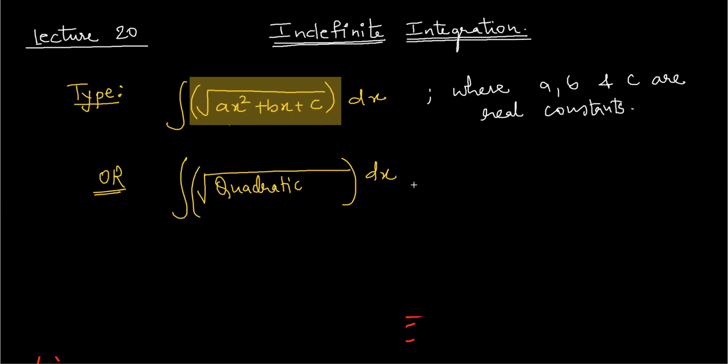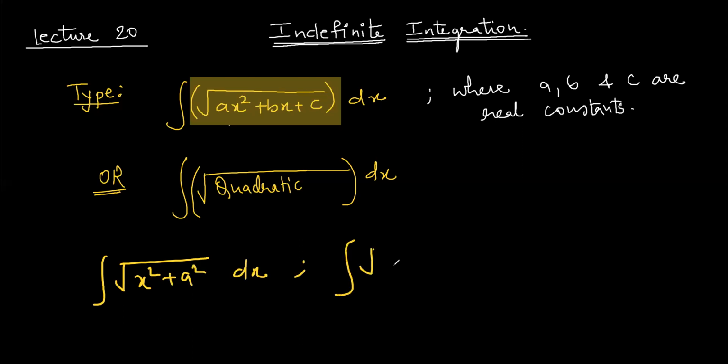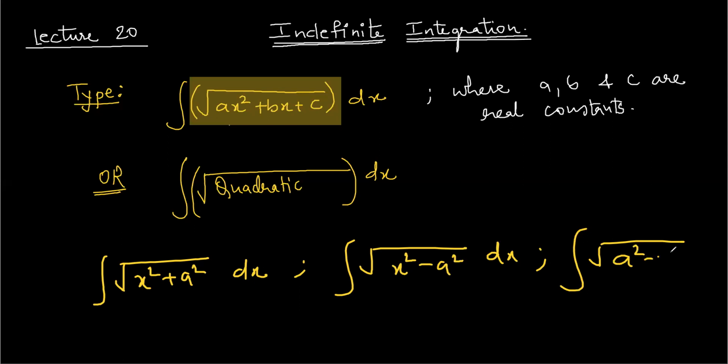They were square root of x square plus a square dx, square root of x square minus a square dx, square root of a square minus x square dx.